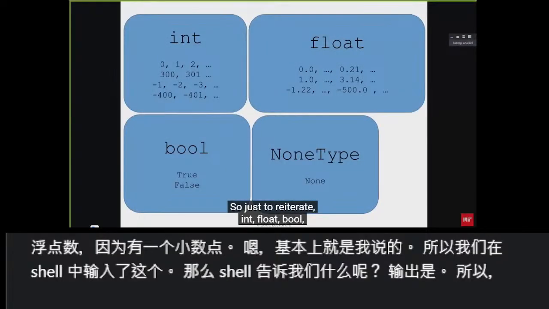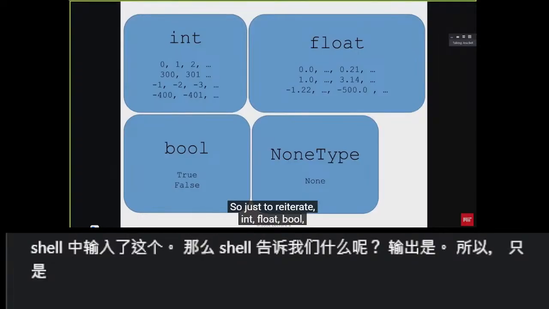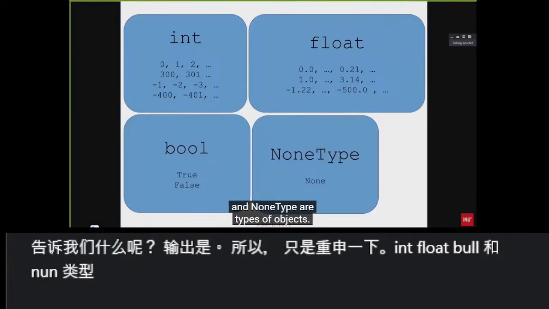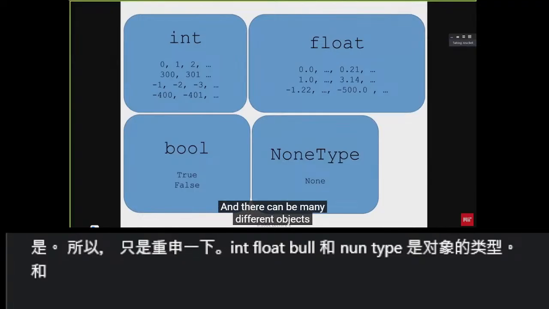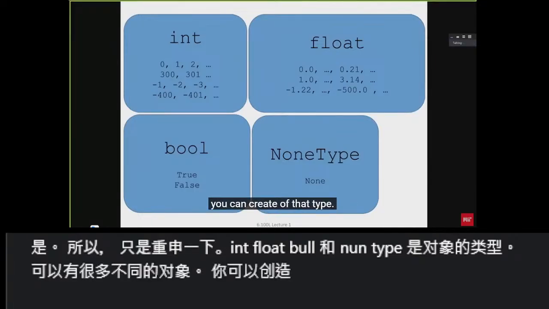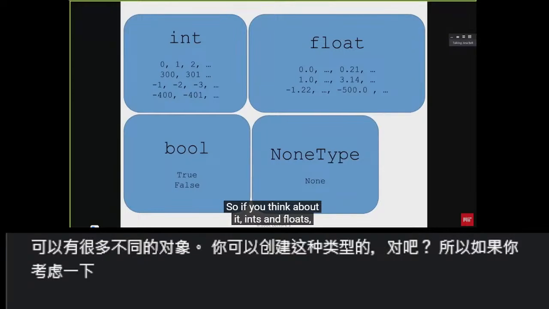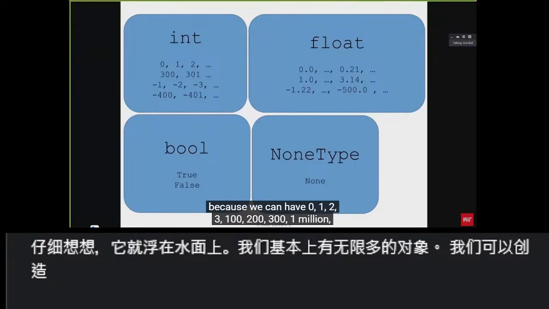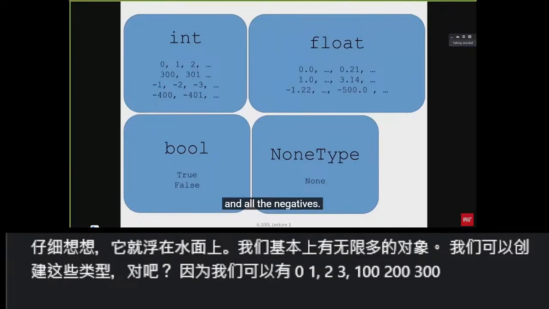So just to reiterate, int, float, bool, and NoneType are types of objects. And there can be many different objects you can create of that type. If you think about it, with ints and floats, we basically have an infinite number of objects we can create of those types, because we can have 0, 1, 2, 3, 100, 200, 300, a million, and all the negatives.